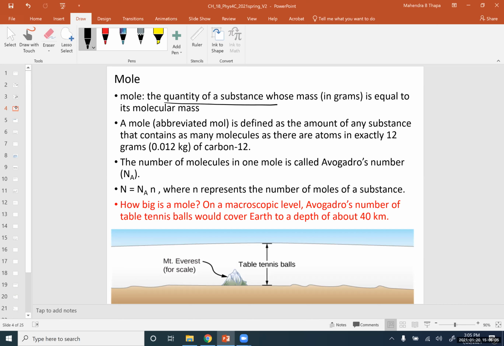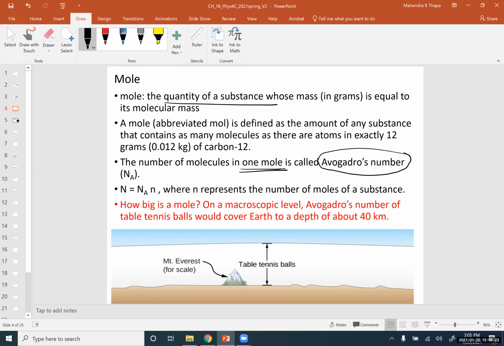So 1 mole of every substance has exactly the same number of atoms or molecules. This number is called Avogadro's number.